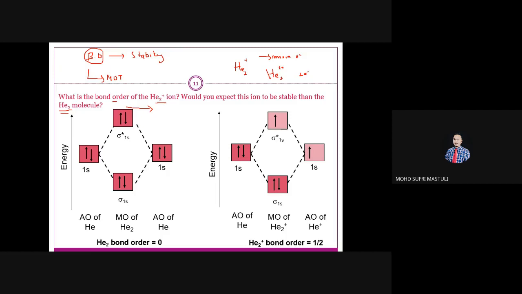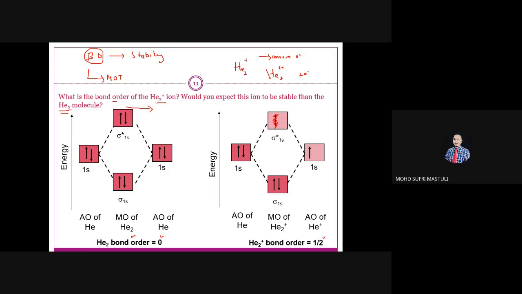So baru kita kira dia punya bond order. Bond order for He2 is half of 2 minus 2, it becomes 0. Bond order of He2 plus is half of 2 minus 1, which is half. Andai kata dia kata He2 2 plus, so maksudnya ni akan jadi kosong lah.